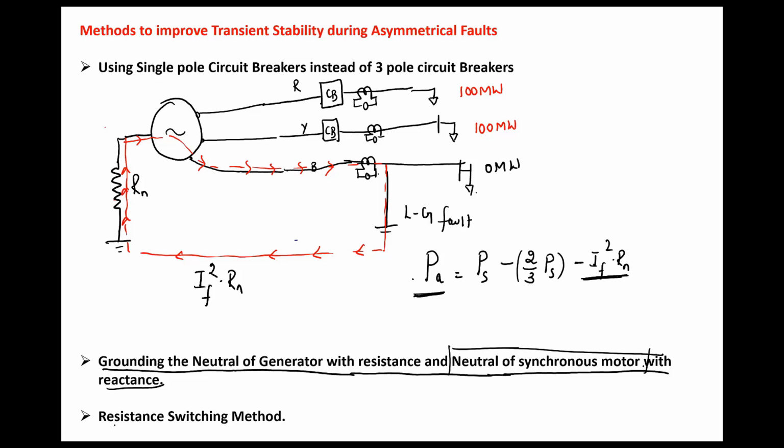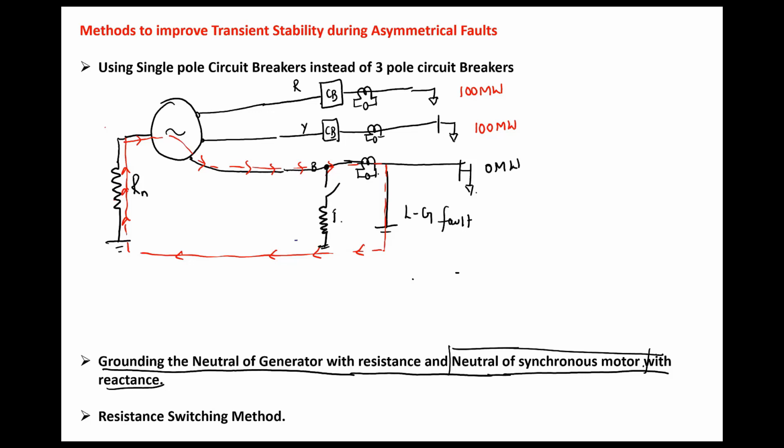The last method is called the resistance switching method. Here also it is nothing new. What happens when a fault occurs in any of the conductors? When a short circuit fault occurs in any of the conductors, then a resistor of very low value gets connected with the faulted line by a latch switch.